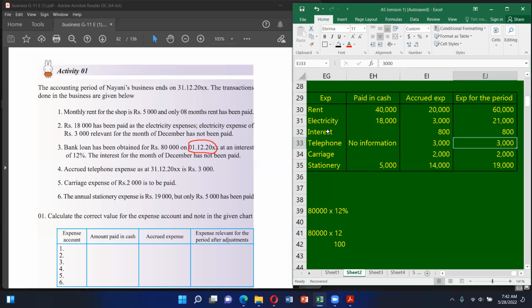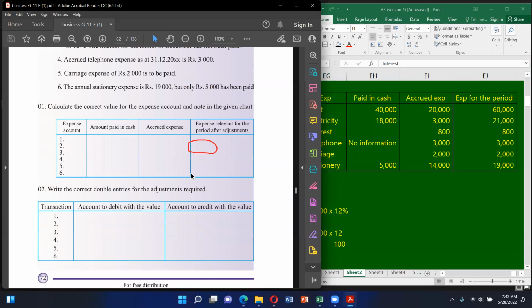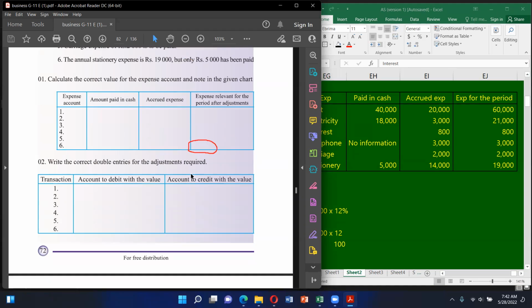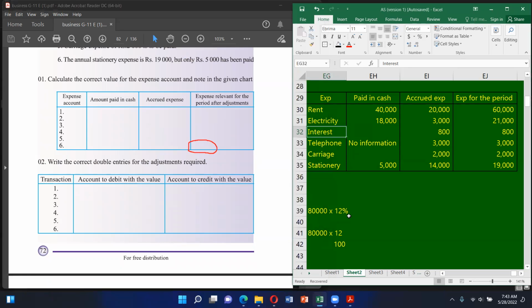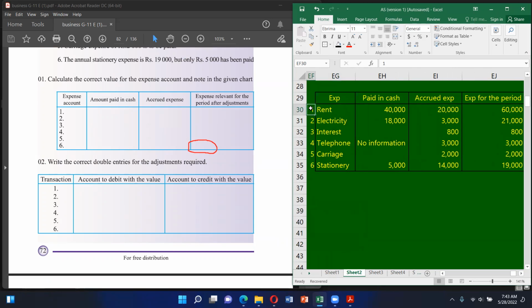Interest adjust කරන්න. And then write it down.